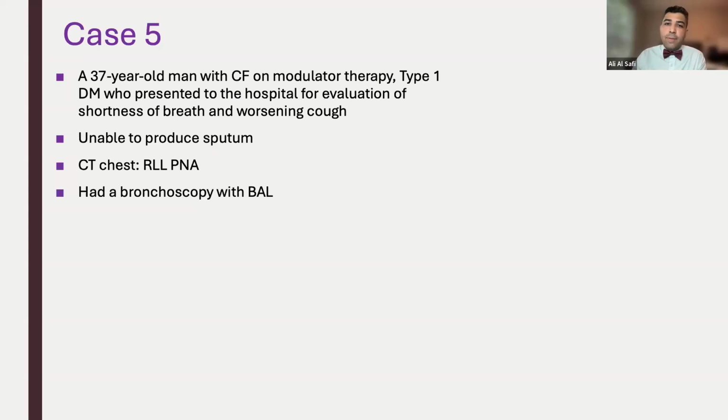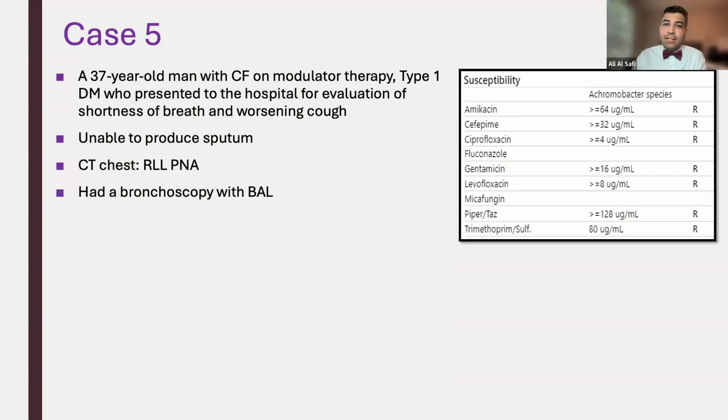The cultures came back with Chromobacter. And if you look at the susceptibility, it's all R's. So this was a really highly resistant infection. So we requested additional susceptibilities to be done for this bacteria.